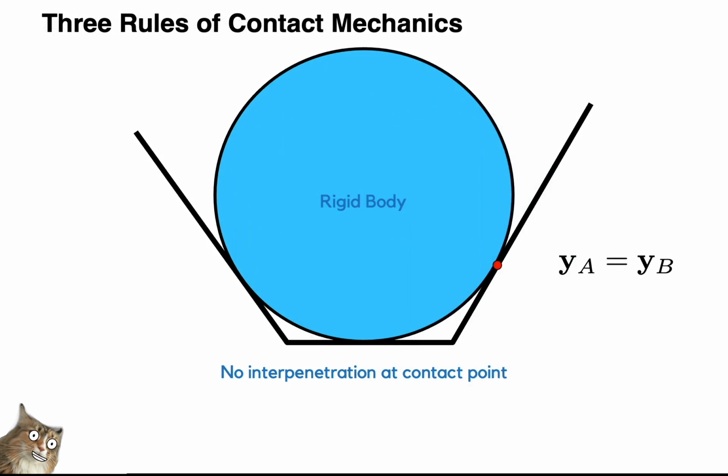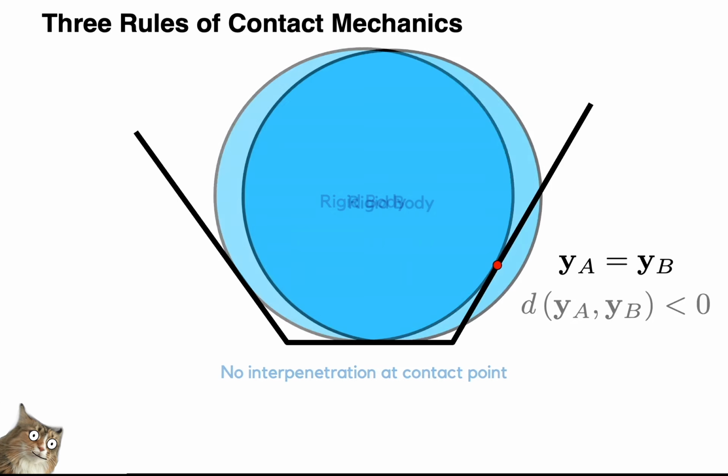Now, using this new tool, signed distance functions, we can formalize our no interpenetration rule. Here are our two objects again. At the moment of collision, we know that the contact point on our first object A and the contact point on our second object must be coincident in space. This is the definition of a collision. Consequently, we know that the distance between these two points is 0.